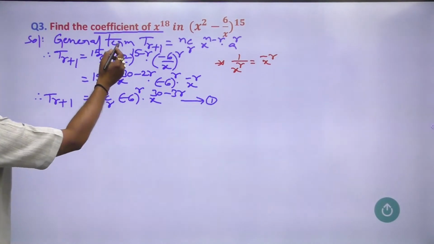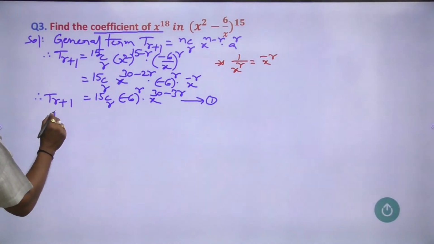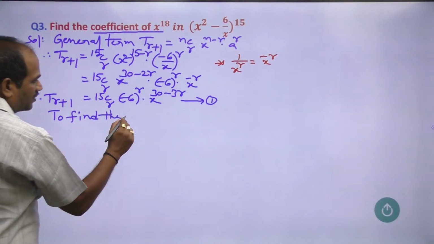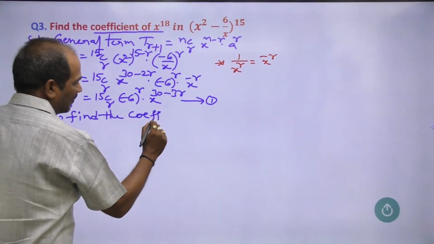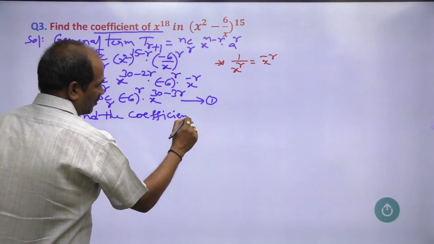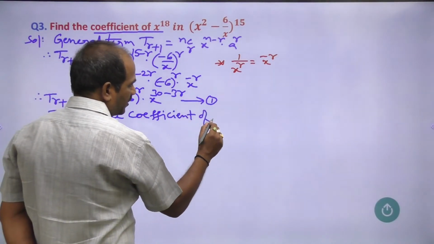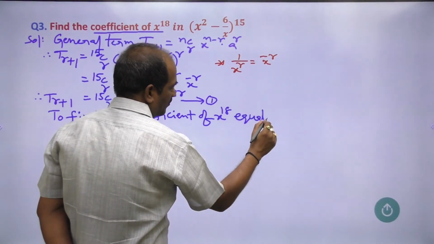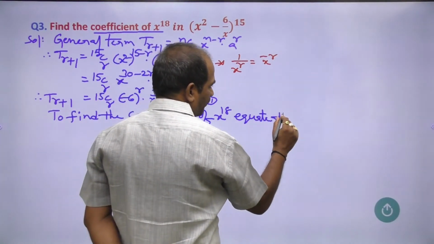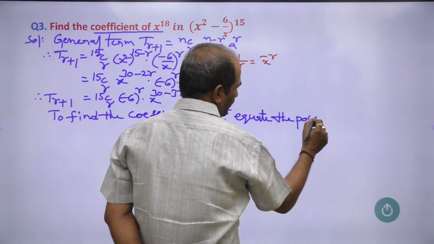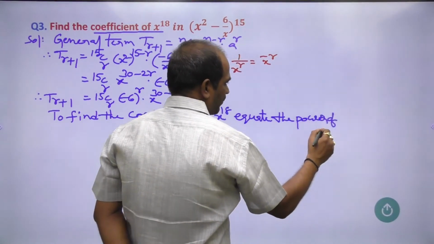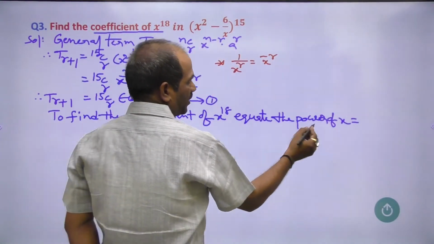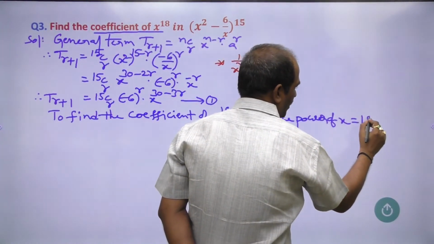To find the coefficient of x^18, equate the power of x. Here the power of x is equal to 18, so equate the power of x to 18.